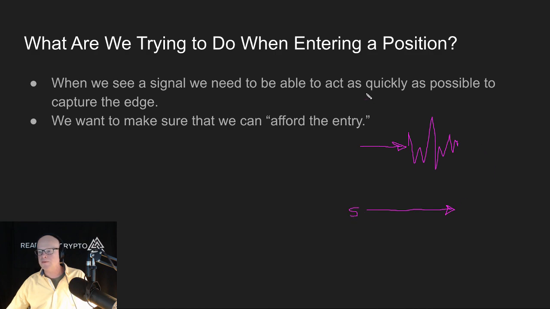There's our stop, and there's our profit target, which is up here. So here's our entry point, and here's the risk on the position. Is this delta P, delta price? That's the risk on the position. Can you afford that stop loss?